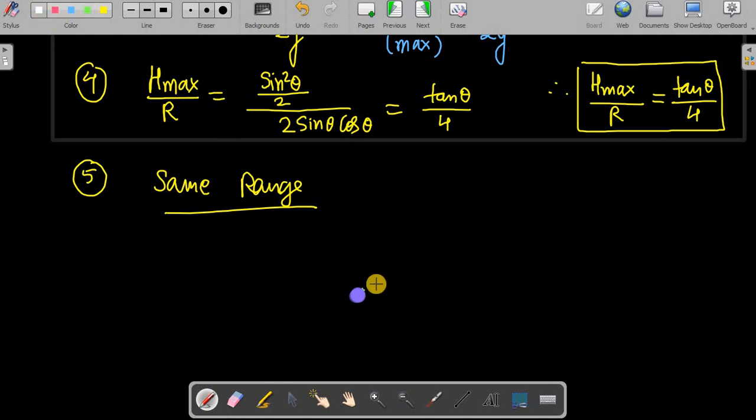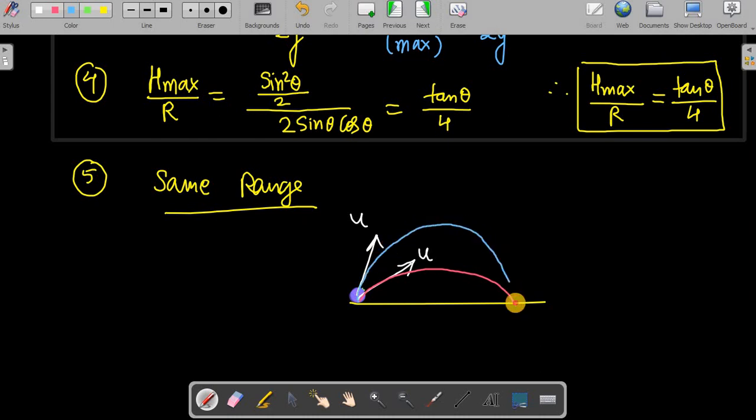Speeds and other things are the same, but only theta is going to be different. You project like this, another time you project it like this. The first time it goes like this, the second time it may go like this and again come down. These are two different projectile motions because the angles of projection are different.